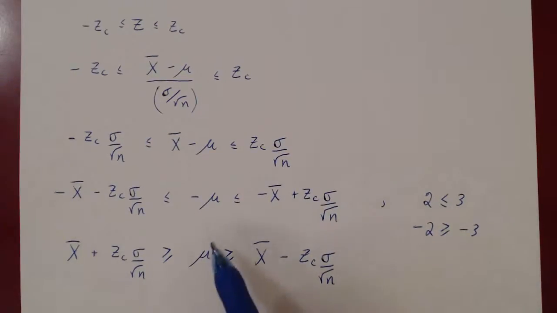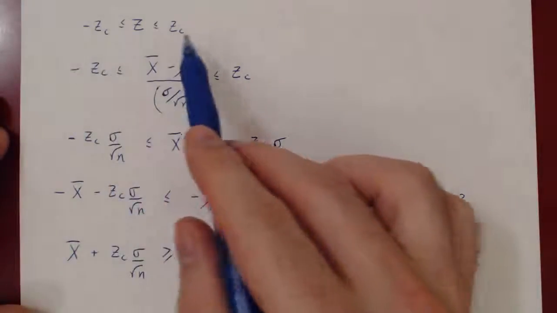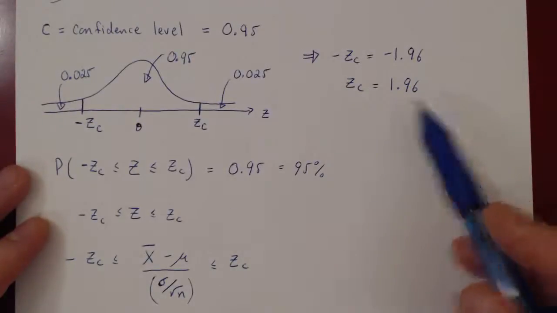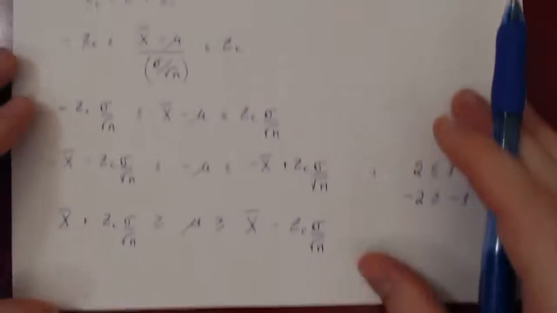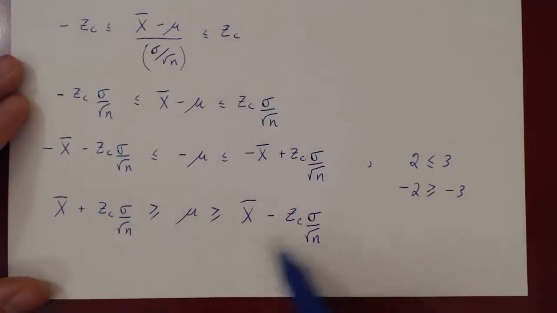And we now have our 95% confidence interval for the true population mean, because we know the probability of this being true is the same as the probability of this being true, and we have chosen ZC to have a probability of exactly 95%. Let's rewrite this, because this looks rather strange because it's written backwards.